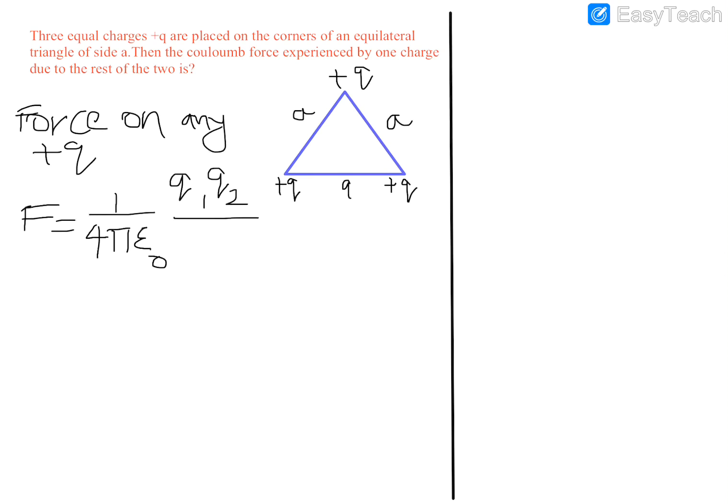This is the general Coulomb's law. And in the given problem, you can see q1 is equal to q2 is equal to plus q, and r is equal to a.